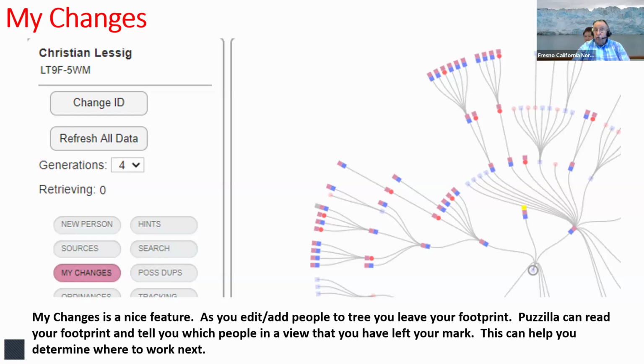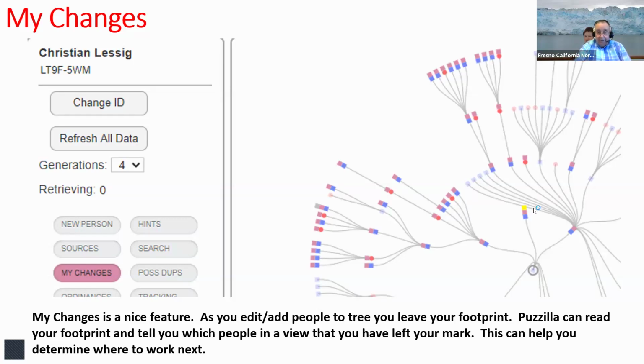And so this is really great because sometimes you'll be working on a descendancy and it may take you multiple days to research it. Well, you can come back after the first day, if you know where it starts, who this starting person is, and regenerate the chart. Click on My Changes, and it's going to show you who you've already worked on.